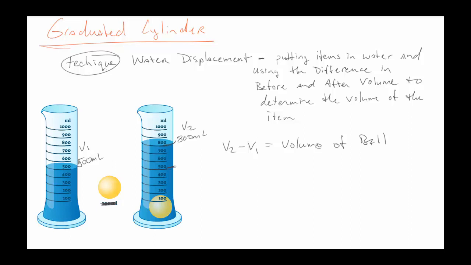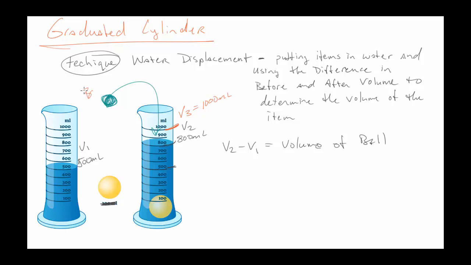If I had another ball right here and I put it in there, it's definitely not 300 milliliters. Let's say that the volume went from 800 up to 1,000. We'll say volume 3 is equal to 1,000 milliliters. How would I figure out what the volume of ball 2 was?